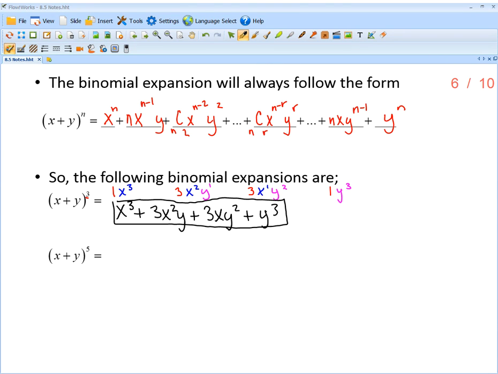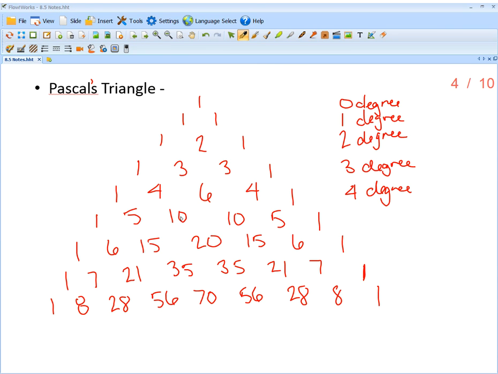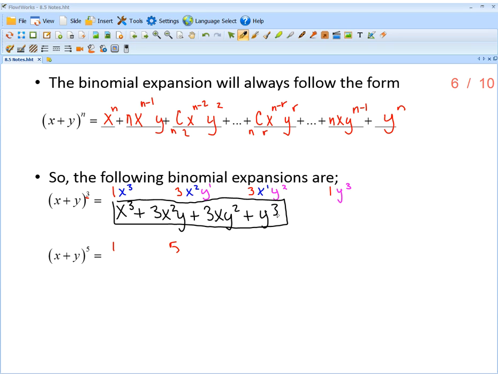All right, we'll do one more. x plus y to the 5th power. I know I'm going to have 6 terms. That second term is the same as the degree, so 1, 5. What's going to come next if I go back to Pascal's triangle is 10, then 10, then 5, then 1. Again, already taking up a lot of space.